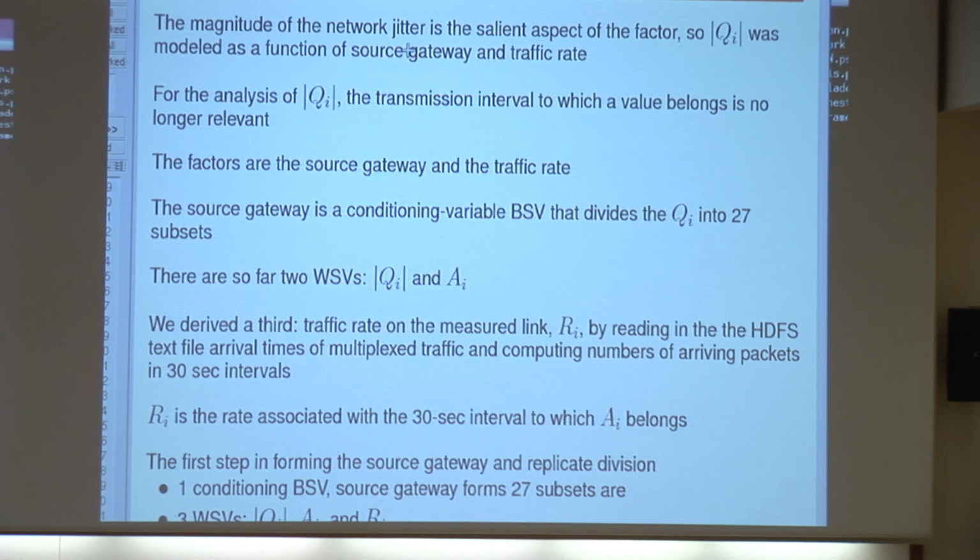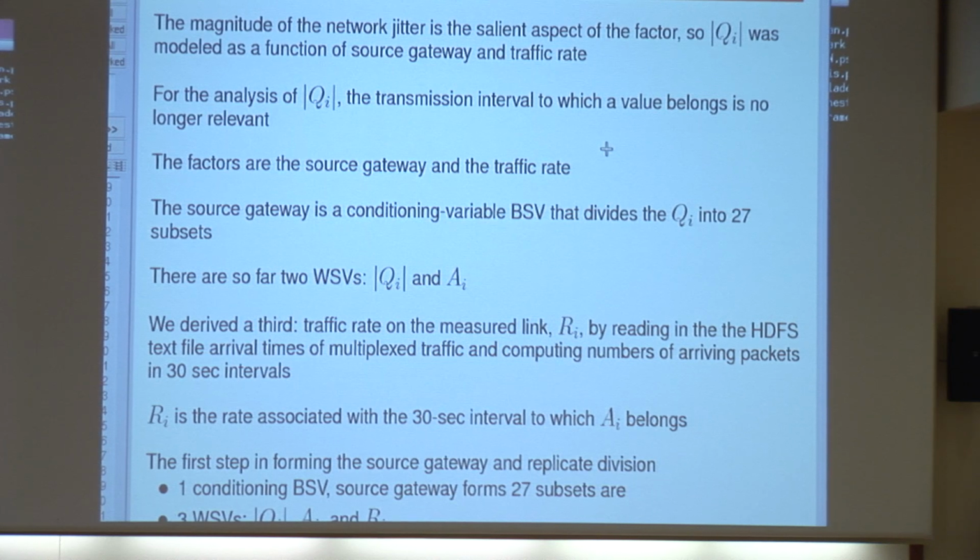The magnitude of the network jitter is the salient aspect of jitter. So absolute Q sub i was modeled as a function of source gateway and traffic rate.